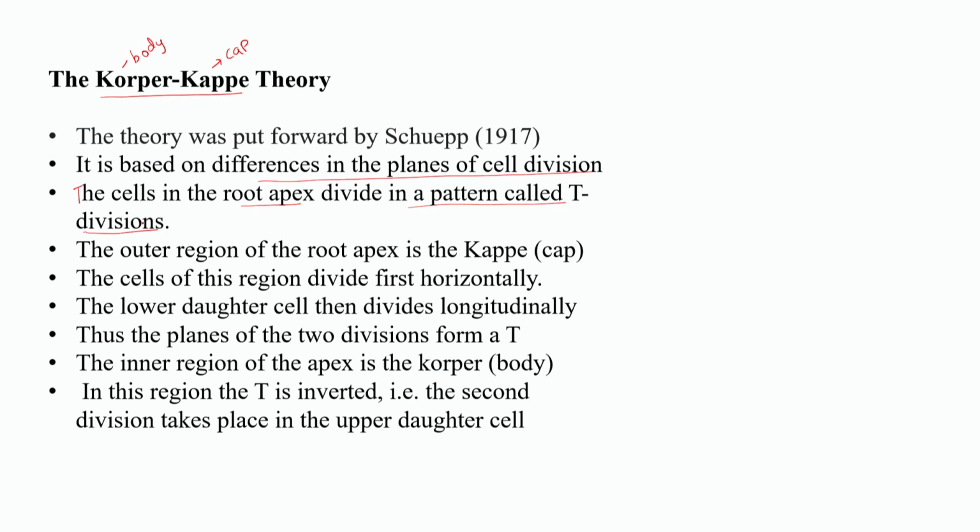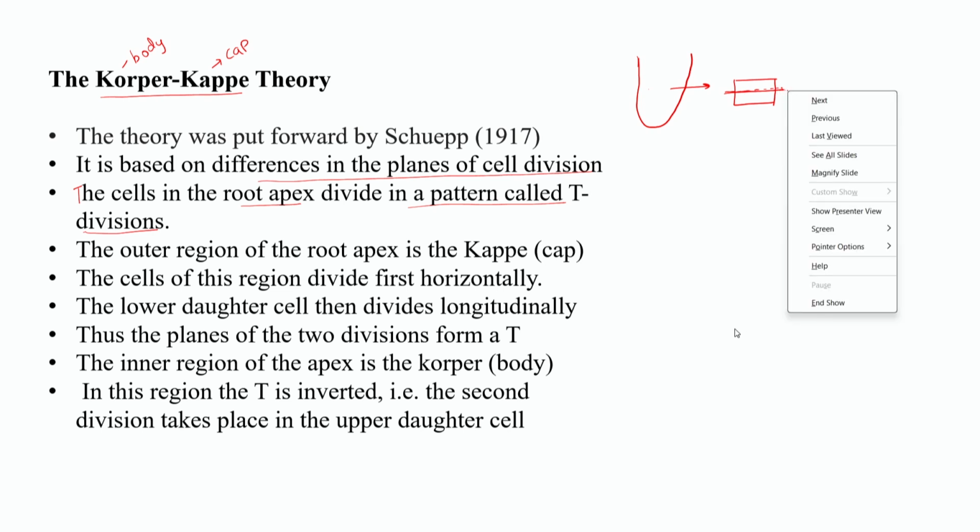To understand this, see, in root tissues a lot of cells are there. Suppose this is a particular cell. In this case the first division will be transverse, that means in this plane. Suppose this is the cell, and this is the transverse division.